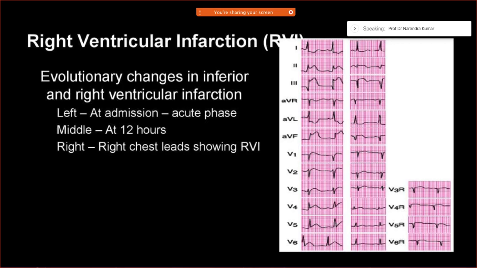So what happens, as I was already telling you, is in the acute phases. For example, if you look carefully, especially in lead V1 or V2, there's slight ST elevation, right? So rather than the convex pattern which was there for the posterior wall MI, there's an ST elevation over here, right?